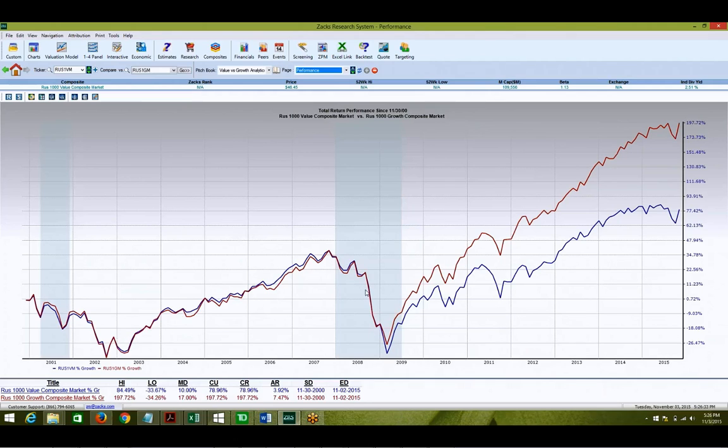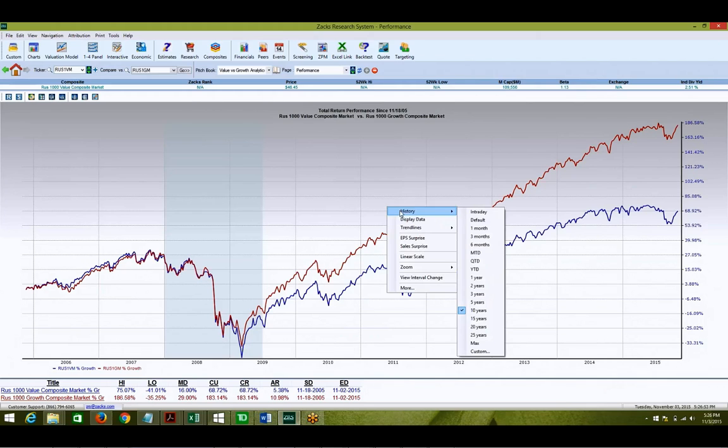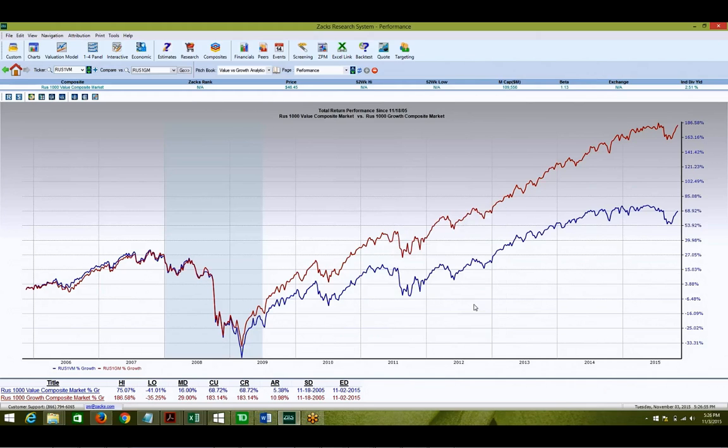Post-2008 crisis is when the major separation in performance began, and since then, growth stocks have enjoyed tremendous returns, buoyed by a robust recovery in earnings and revenues, as we shall see in the coming charts. Thereafter, we can see that growth continues to dominate value in terms of performance over multiple time periods.